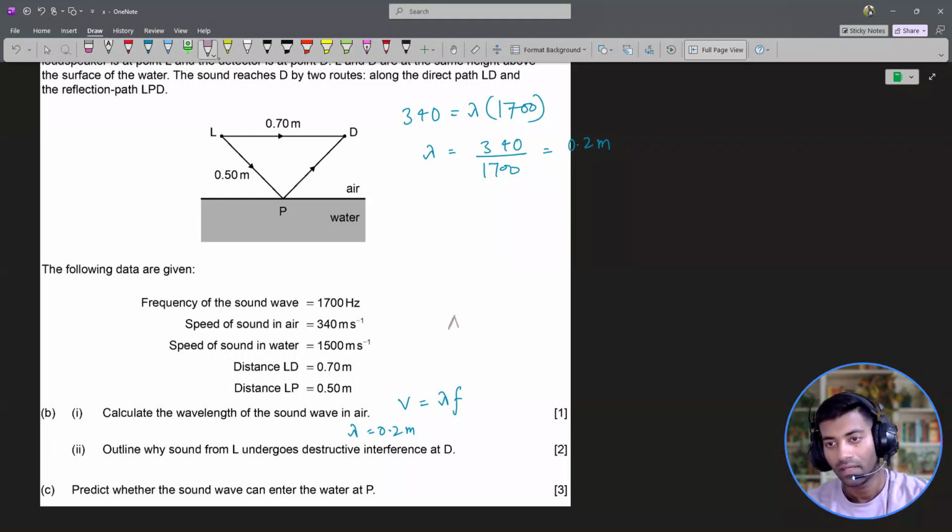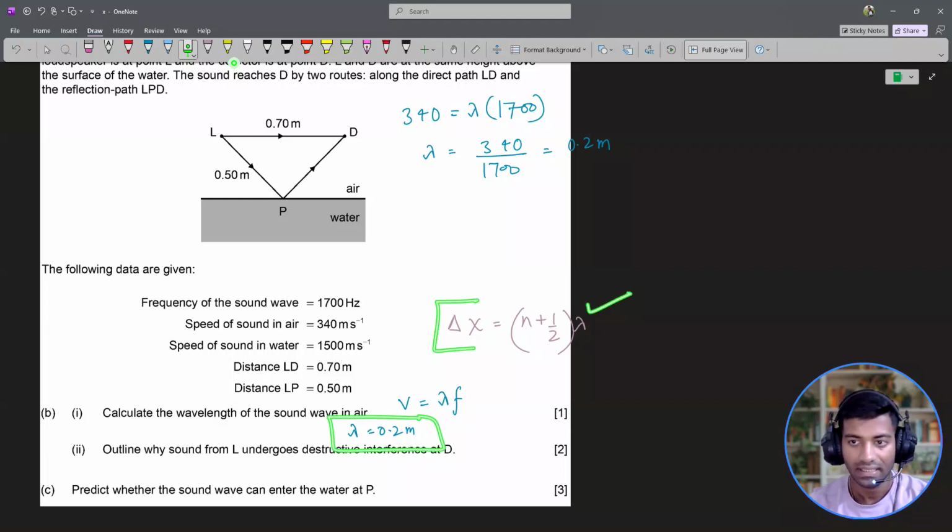So I know that delta x equals n plus half lambda for destructive interference. We have the wavelength, that part is known to us. Delta x is the path difference.